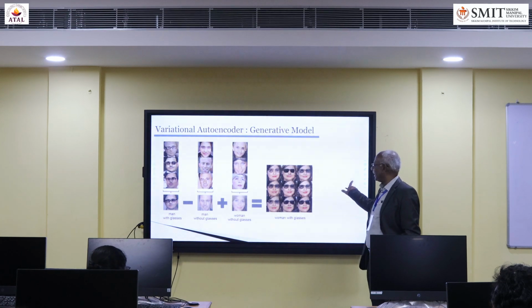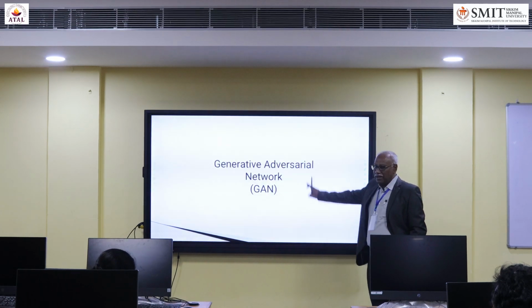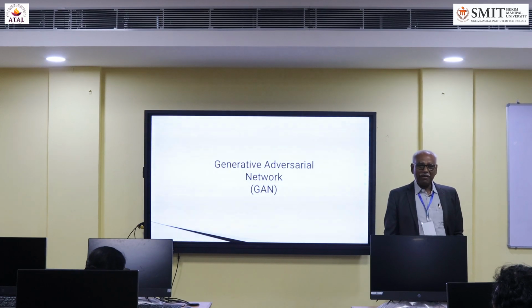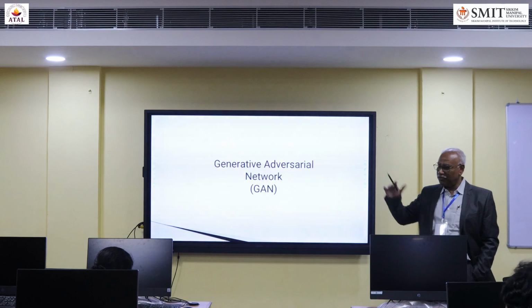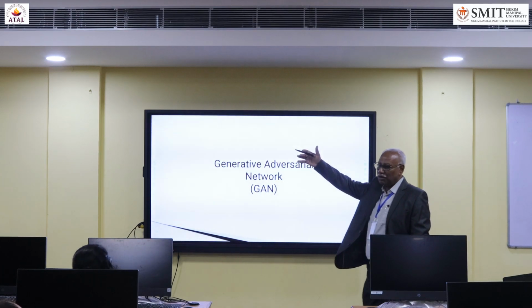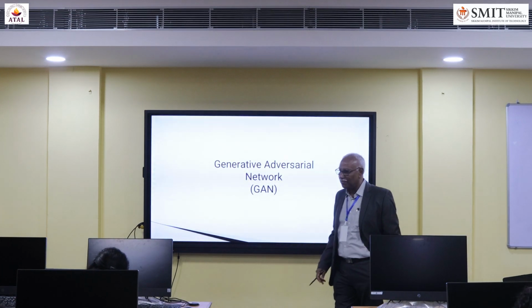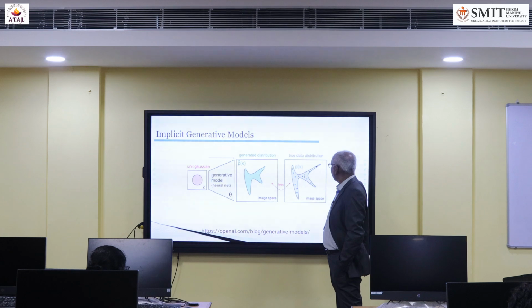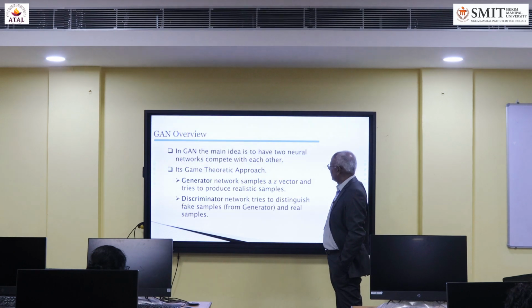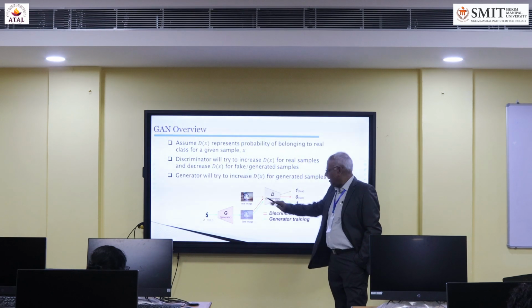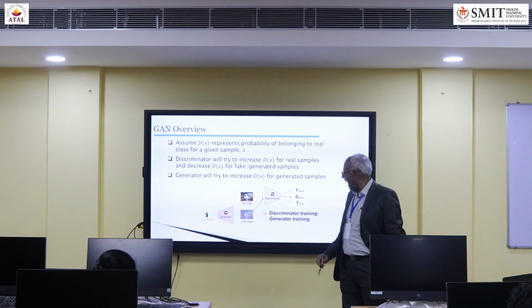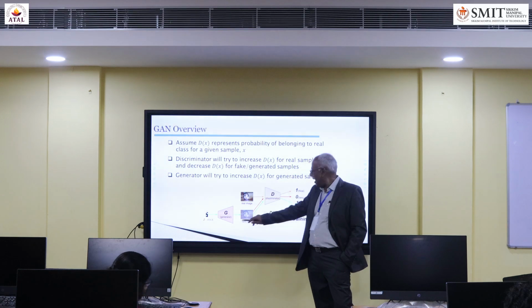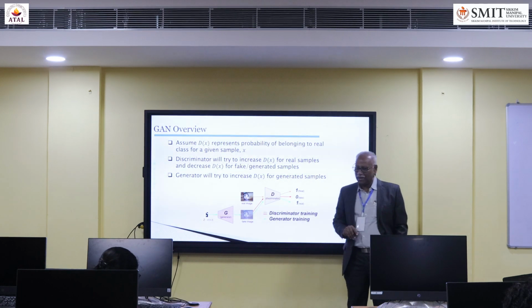The other important kind of generative model is the generative adversarial network. The philosophy is slightly different from what we have done in prediction. In a generative adversarial network, I have a generator model and a discriminator model.